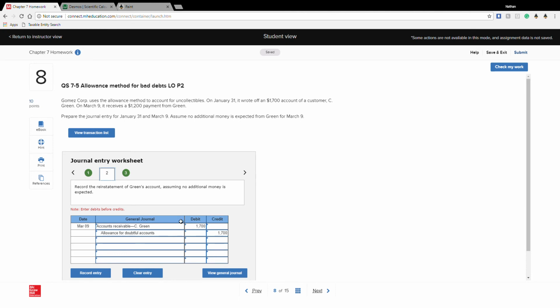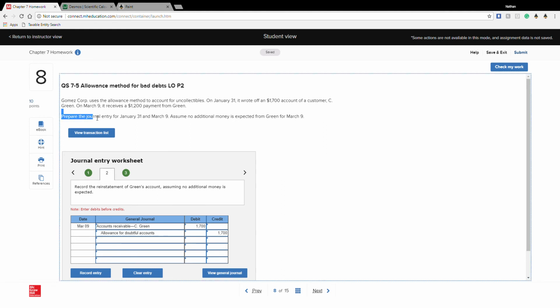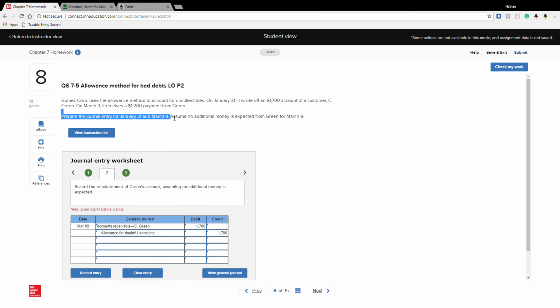With question 2, when we're doing prepare the journal entry, it's going to assume no additional money is expected. When we assume this, we cannot have the complete reversal. We can't put 1,700 on our books because we don't know if he's going to actually pay.